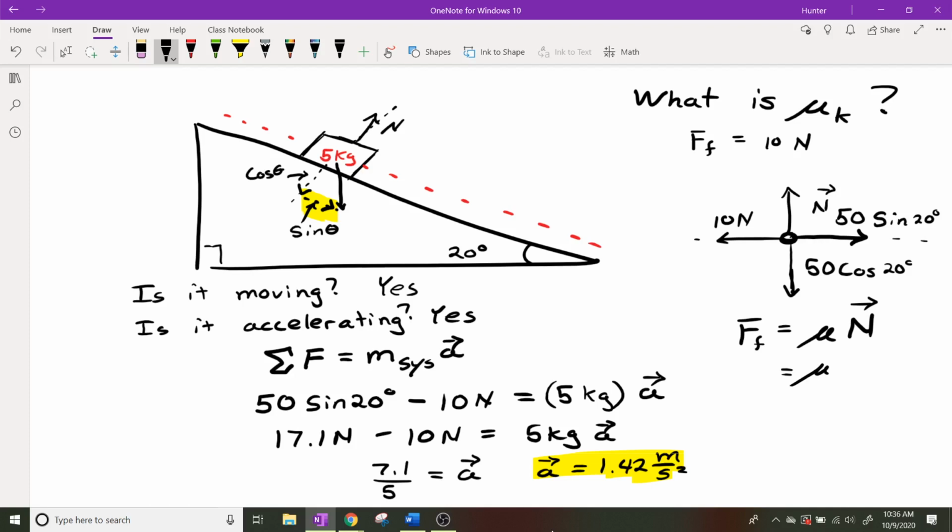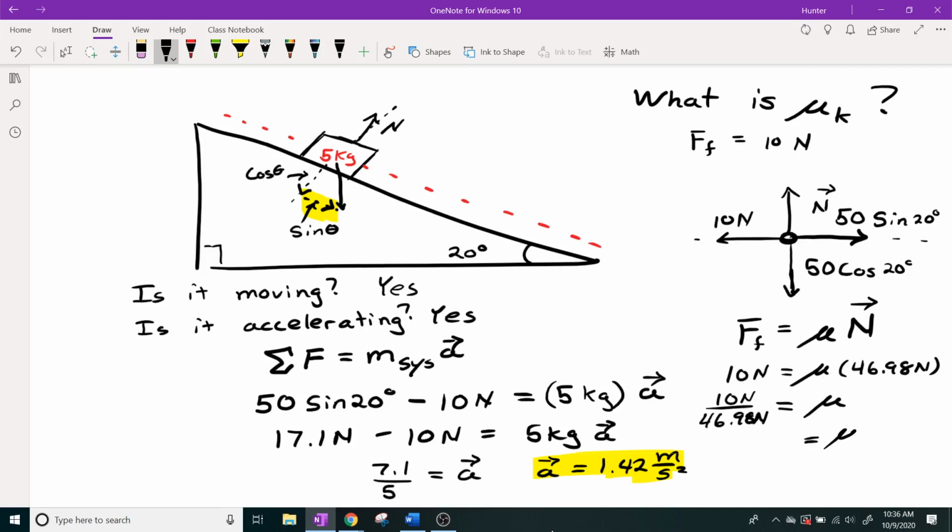So that's mu times 46.98 newtons. And the force of friction? 10 newtons. So mu is equal to 10 divided by 46.98 newtons.